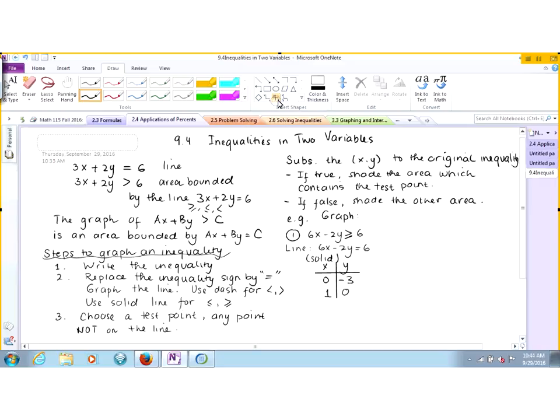And we have to draw a solid line. So let's do that first. So 0, negative 3. Something it needs to be that big. All right. So it hits. So 1, 2, 3.